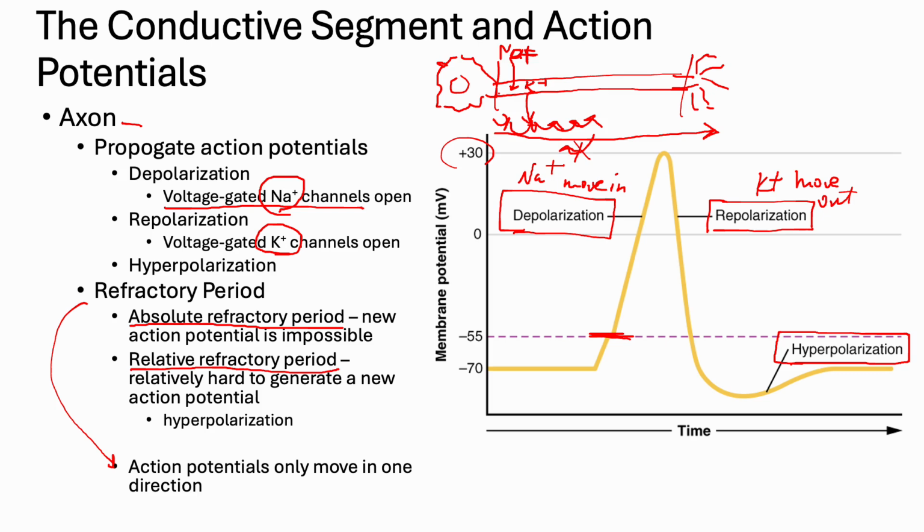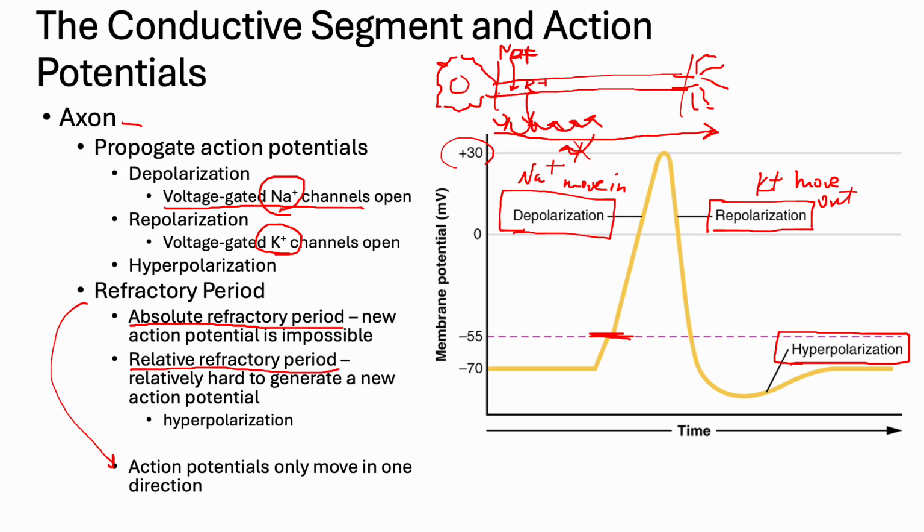So it's important when we're talking about the action potential to understand which ion channel is opening to cause depolarization, which is the voltage-gated sodium ion channels. Then immediately the voltage-gated potassium ion channels open, and that causes the repolarization and ultimately the hyperpolarization of the membrane.